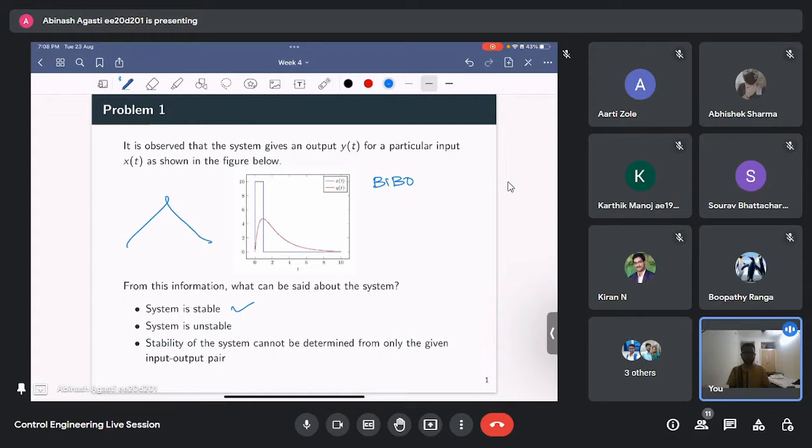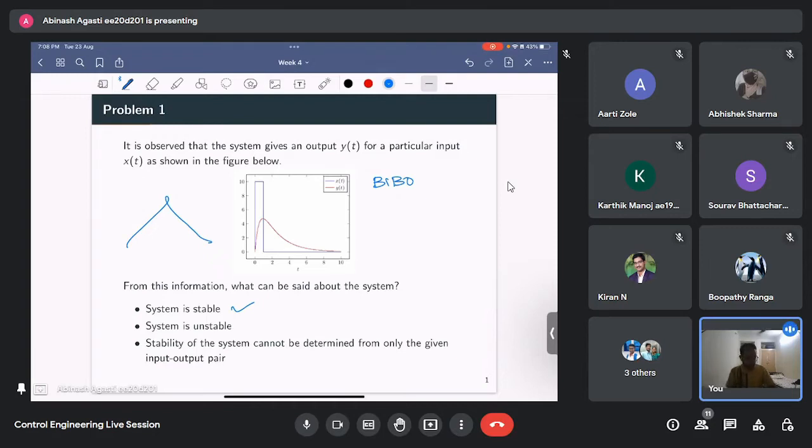That might happen. So we can only say that a system is stable if for every given bounded input my output is bounded. But on the other hand, if for at least one given bounded input the system is giving me an unbounded output, then I can say that the system is unstable.